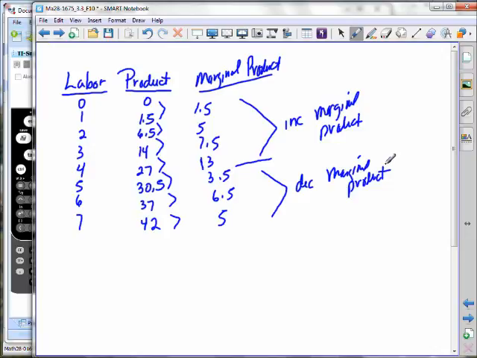Now, what's that got to do with this class? Anything at all? And if so, what? Marginal product. We talk about marginal profit, marginal cost, marginal revenue.